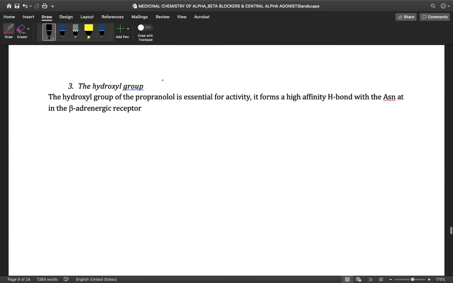Okay. The hydroxyl group of the propanol. Obviously, propranolol only has one hydroxyl group, but the hydroxyl group of the propanol is essential for activity because it forms a high affinity hydrogen bond with the asparagine.